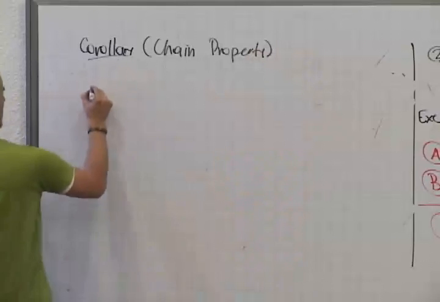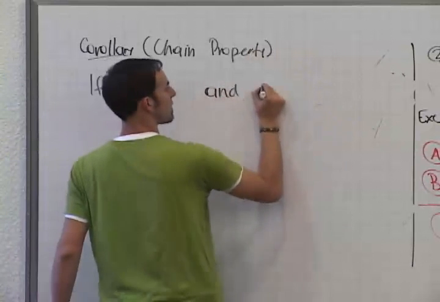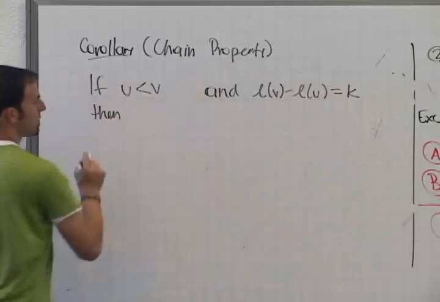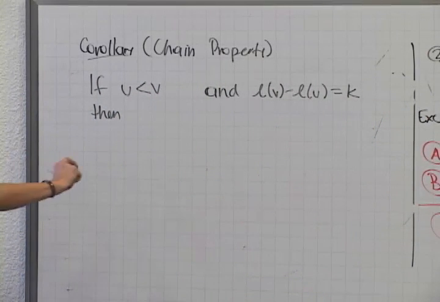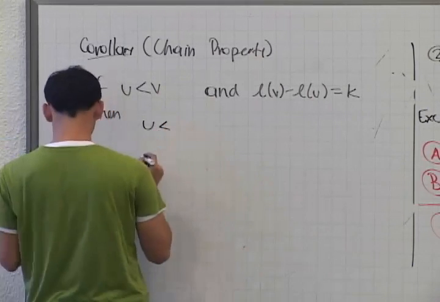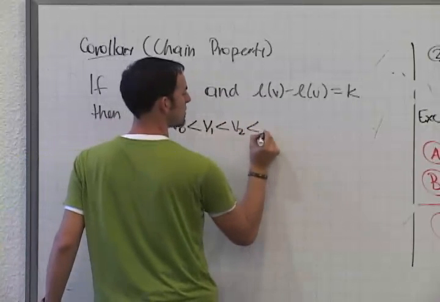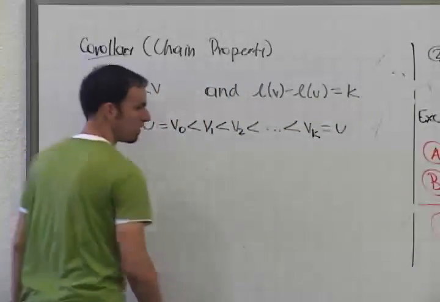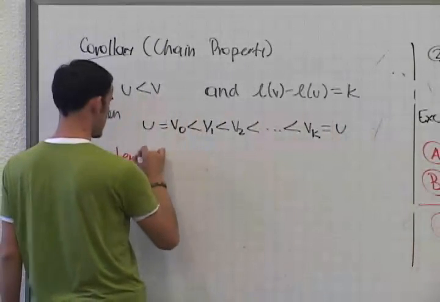It says if U is less than V, and let's say that the length of V minus the length of U is K, then I can get from U to V by a sequence of exactly length K. U is equal to V0, less than V1, less than V2, up to Vk, which is V. Where this one has, so what are the lengths here?